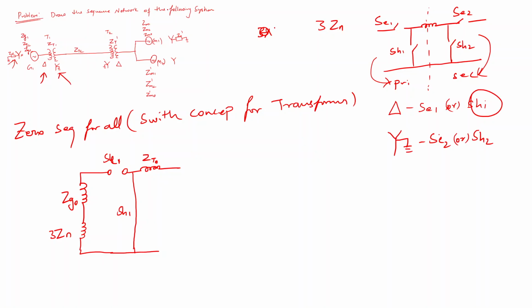The shunt switch will be open only if it is a delta connection. Correct or not? But here we have a star connection, and it is not a simple star, the neutral is connected to ground. So obviously my SE2 will be closed.